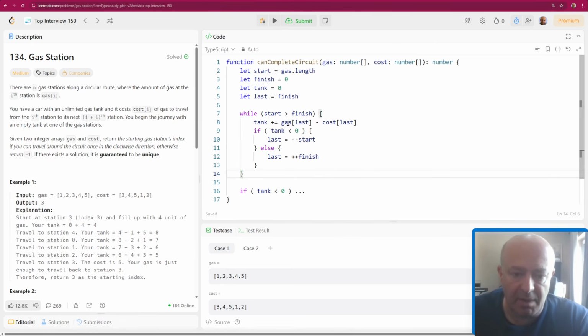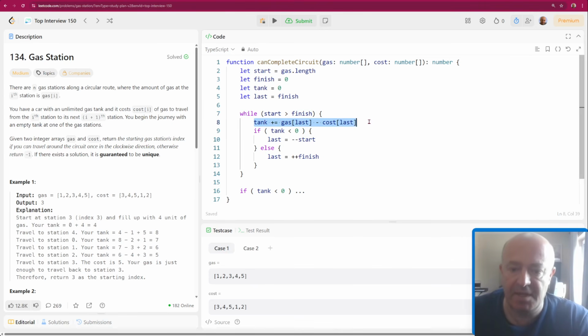Now, once we come out of here, start is the same as finish, right? But the last time we calculated tank was just before that. The last time we actually calculated tank was the last time we entered the loop, and this is when start was still greater than finish.